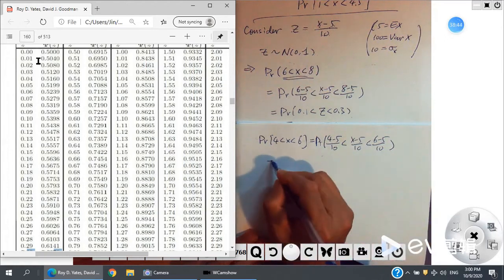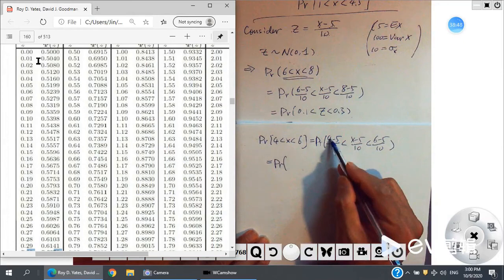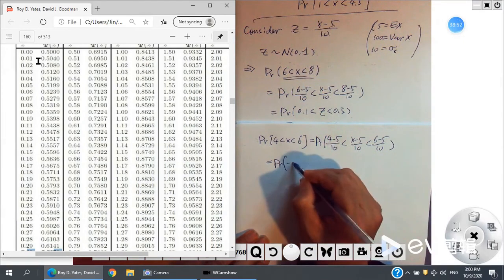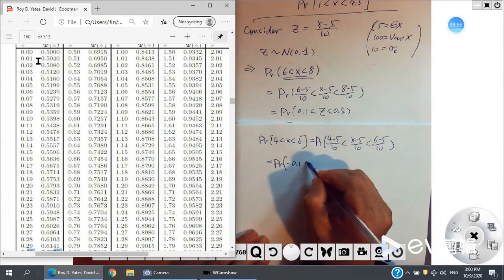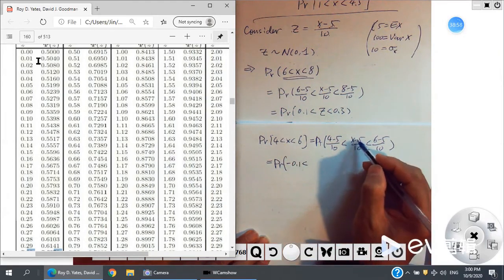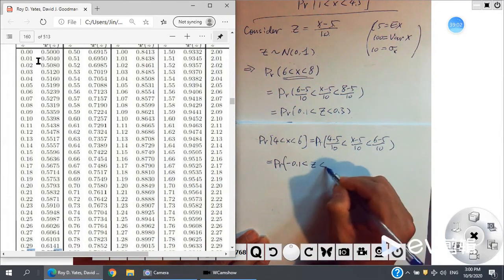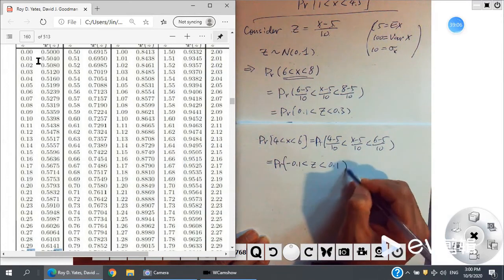So this is a probability of 4 minus 5, which is negative 0.1. Yeah, this is why I put these values. I want you to see the negative case, a negative value. Smaller than x minus 5 over 10, this is z, and smaller than positive 0.1. Okay.